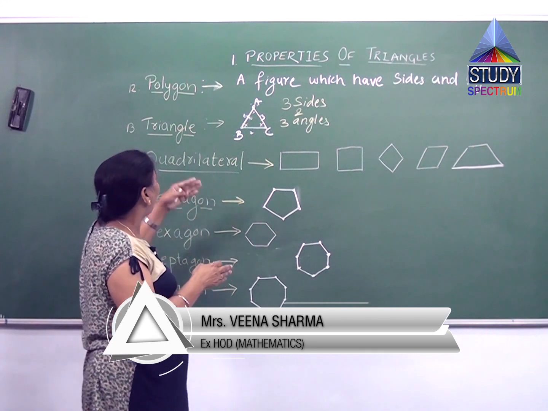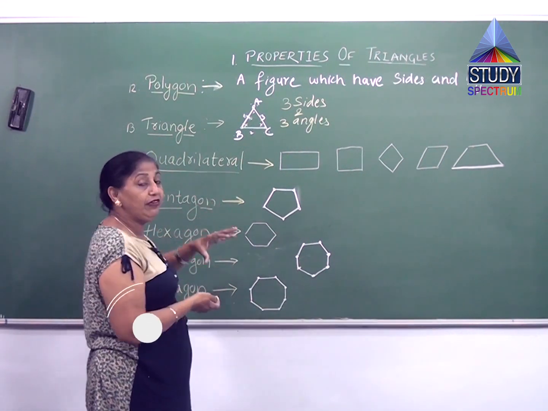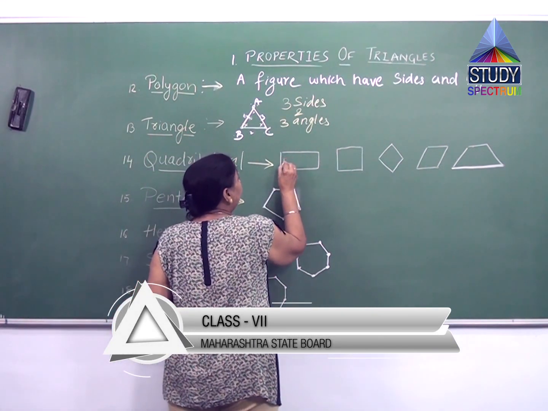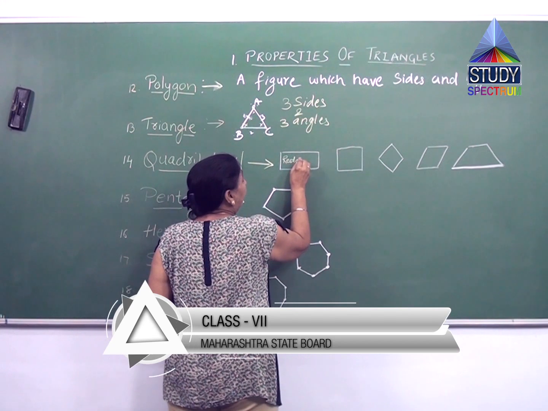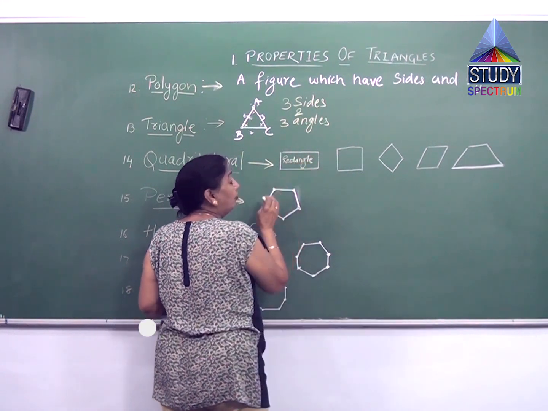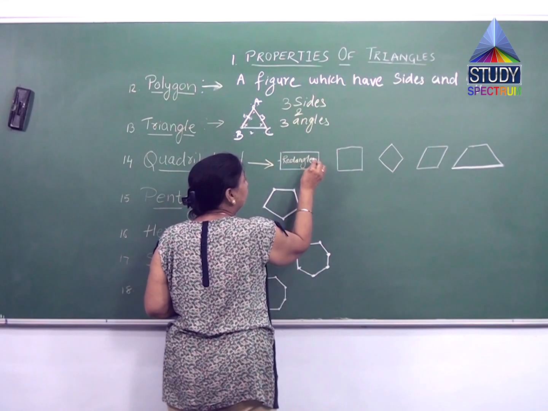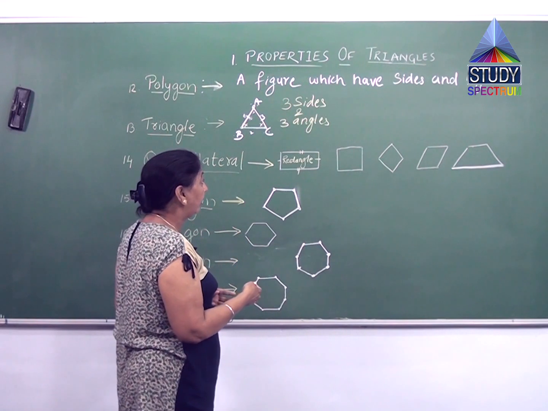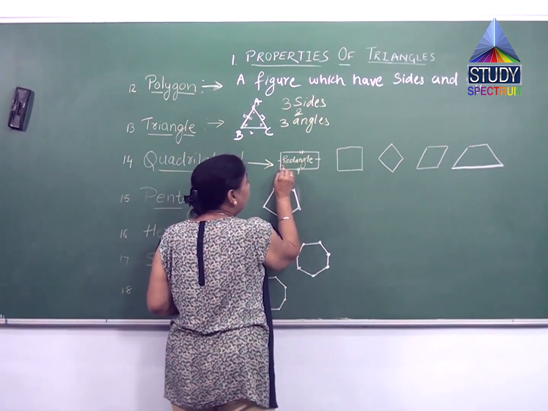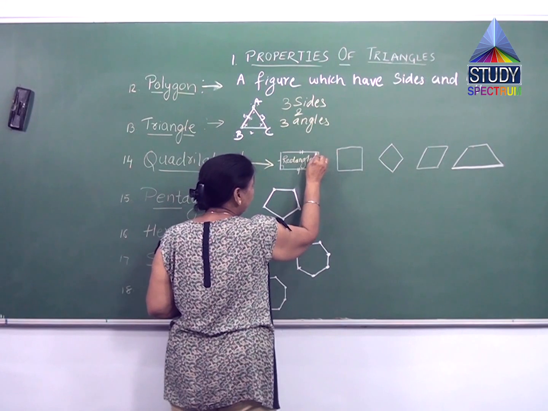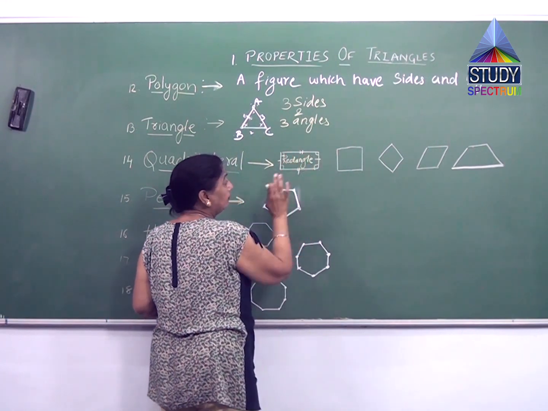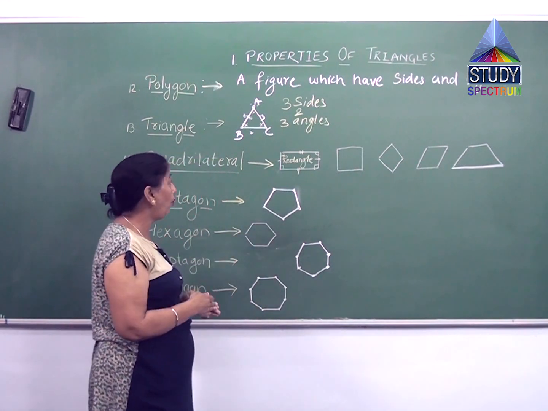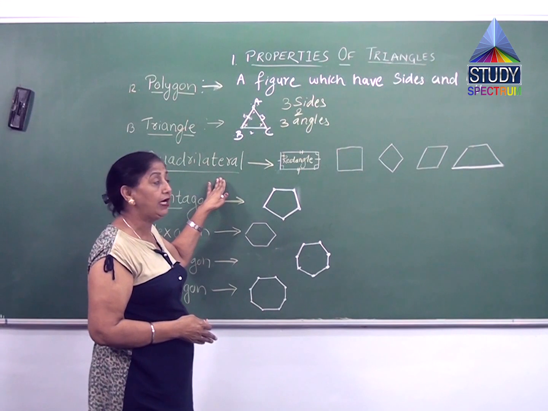Let me explain all the polygons. Now the figure which has four sides and four angles, see this figure, this is known as a rectangle. A rectangle is a figure which has four sides and four angles. And as you have already learned in your lower grades, opposite sides of a rectangle are congruent and all the angles are right angles. So a figure which has four sides and four angles is known as a quadrilateral.